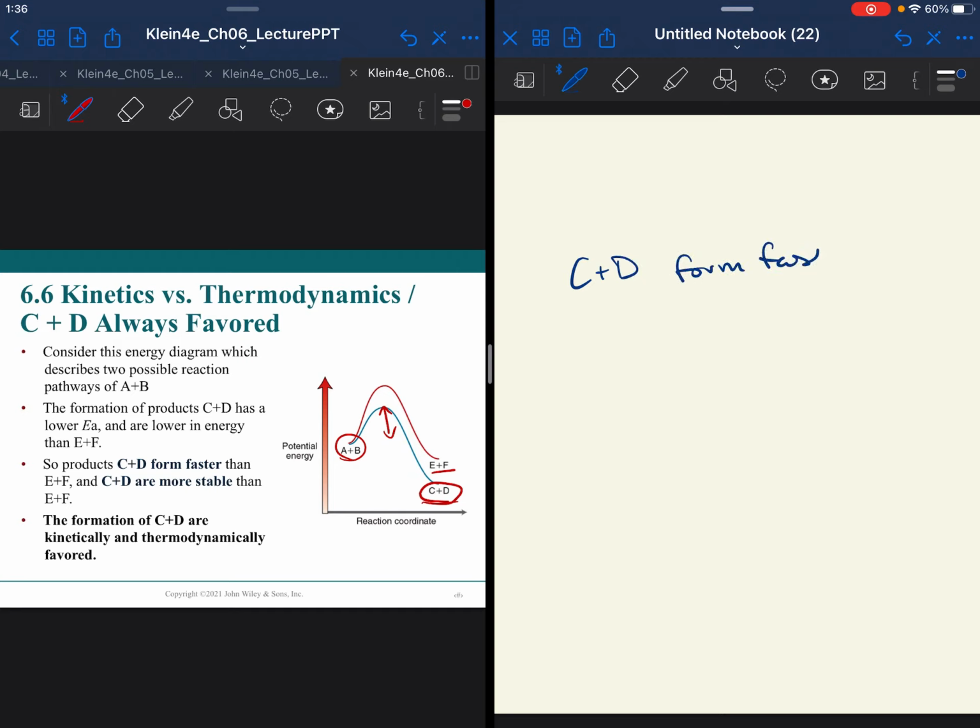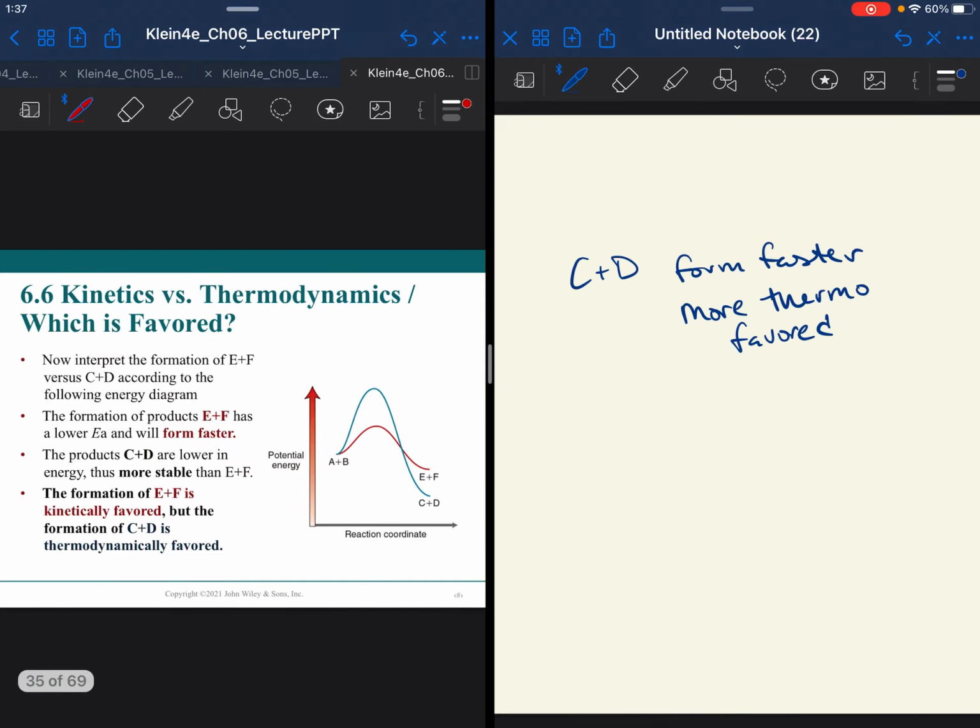So C and D form faster, right? Lower activation energy. They are also lower in energy than the products, right? So this is bigger. So they are also more thermodynamically favored. So in this case, C and D are kinetically and thermodynamically favored.